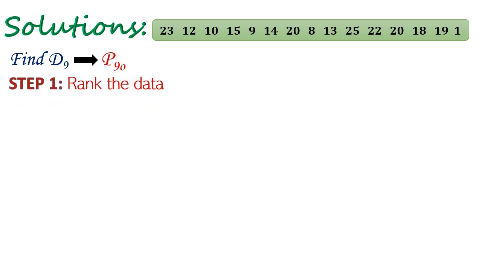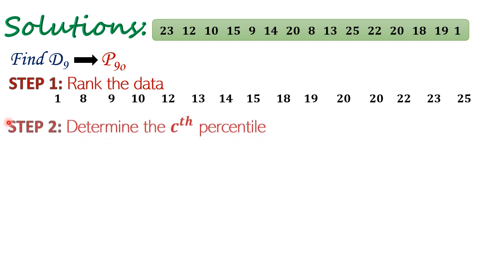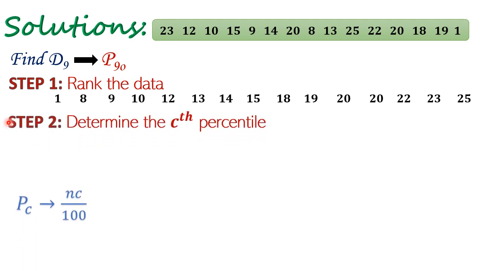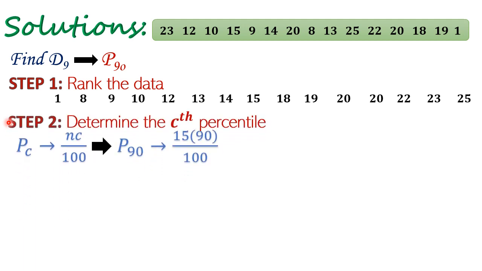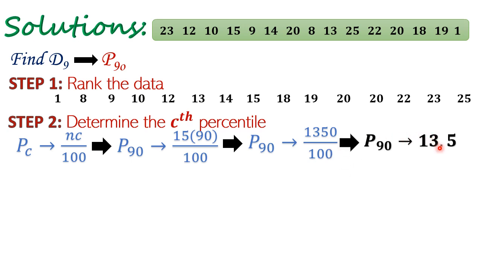Same process, guys. Let's look for the equivalent percentile first, and that is P of 90, and then move on to ranking the data, and then find the location of P of 90 using our formula NC over 100. We would have 15 times 90, which is 1350 divided by 100, and then we would have 13.5.